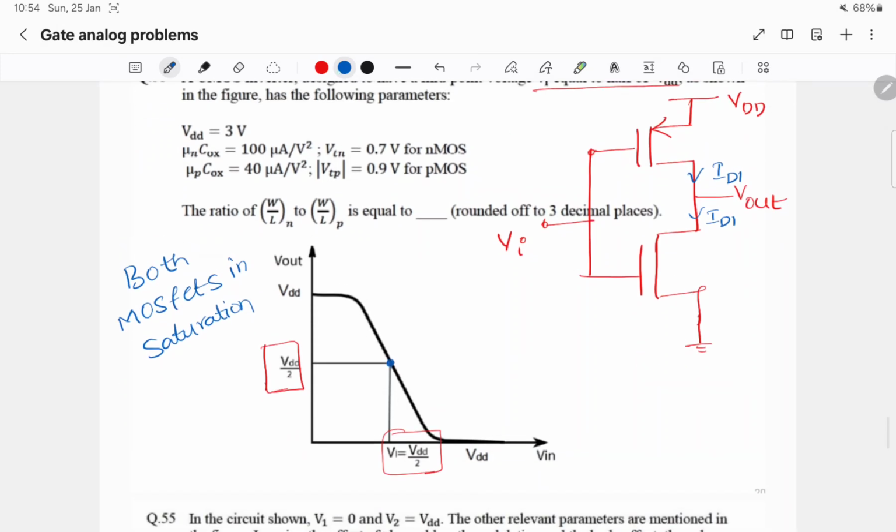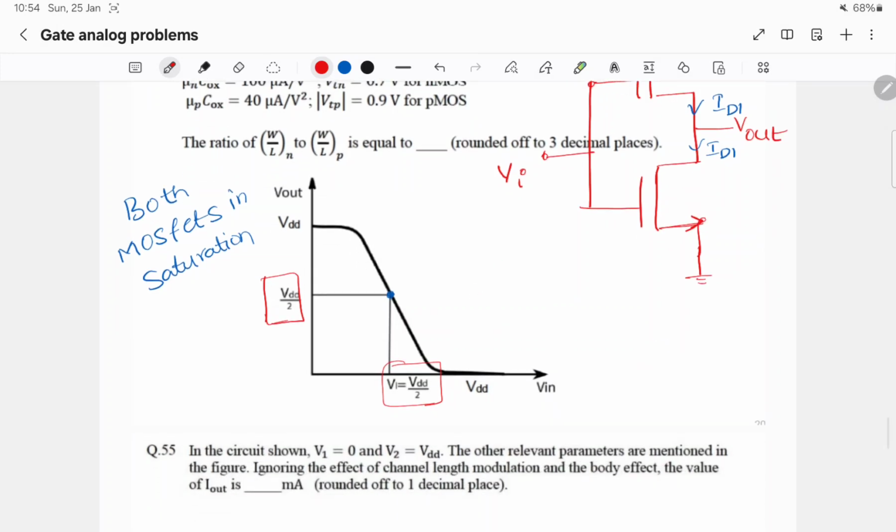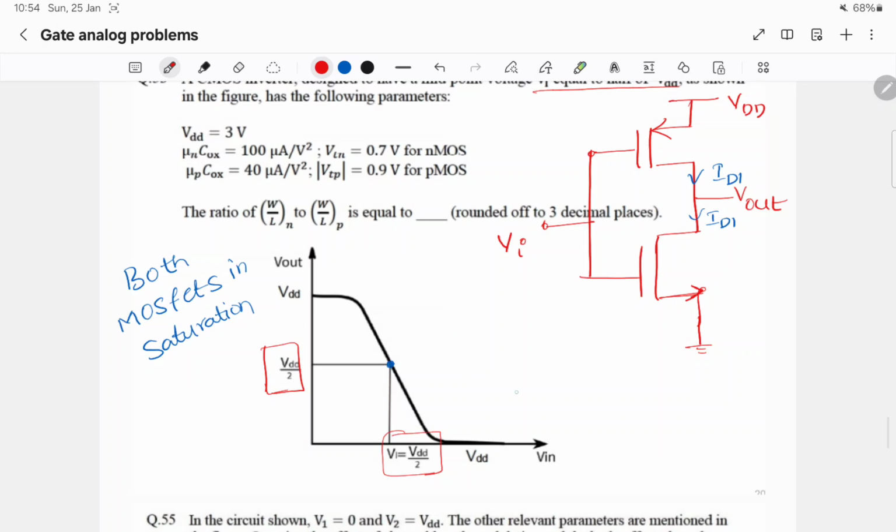NMOS will be in saturation and PMOS will also be in saturation. So we will equate the current equations.